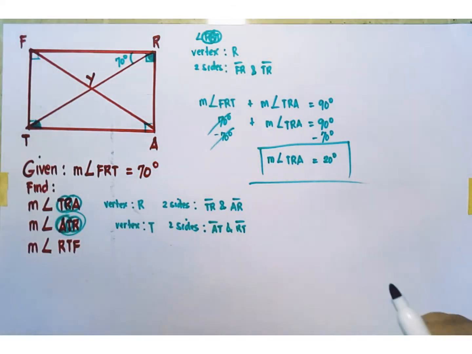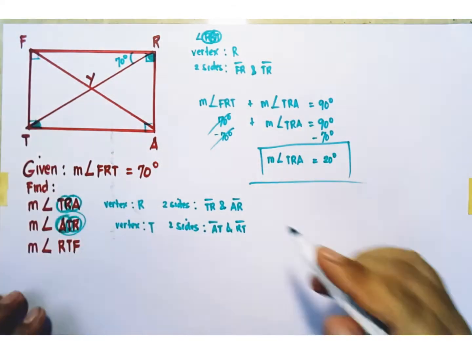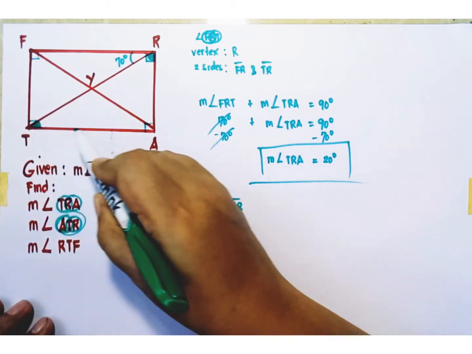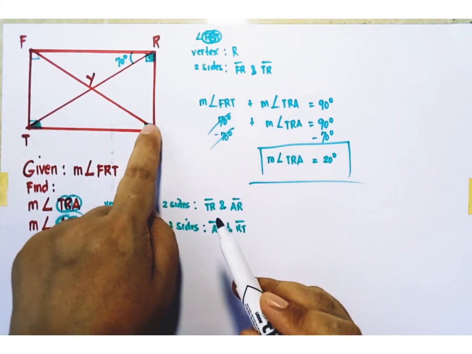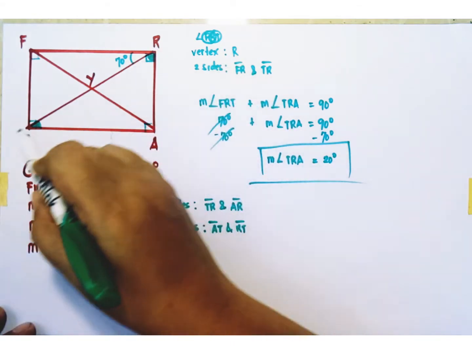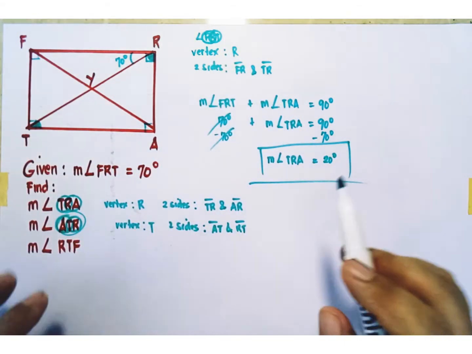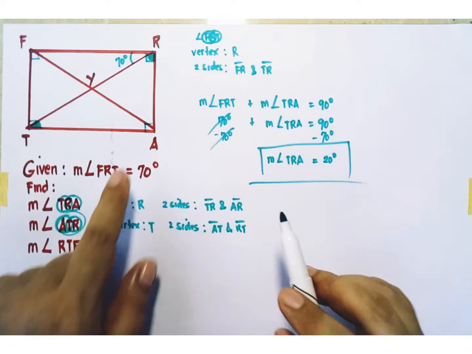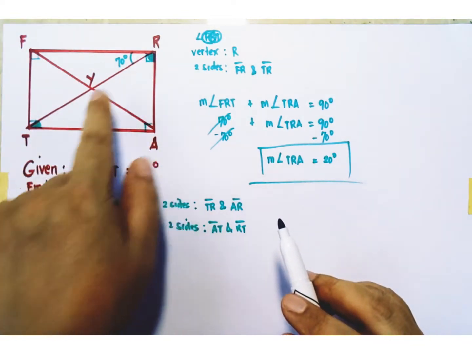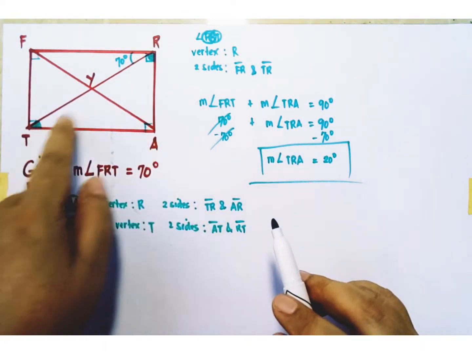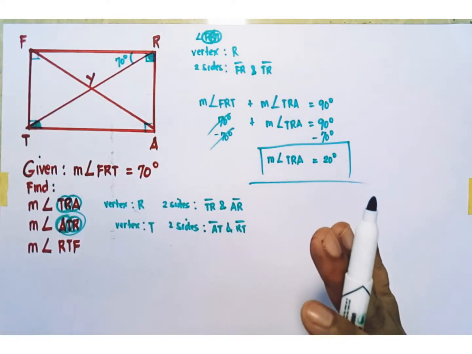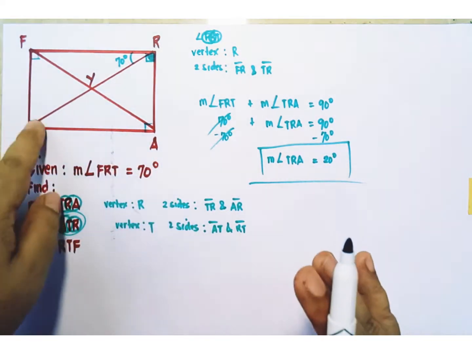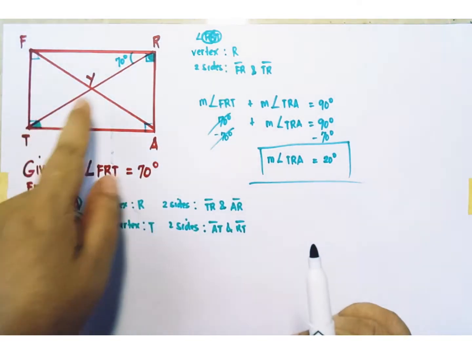Okay, this is very easy. Notice that this triangle is a right-angled triangle. This is the right angle. Okay, so it is a right-angled triangle. And remember that in any right-angled triangle, the two acute angles are complementary. When we say that two acute angles are complementary, we mean that their sum is equal to 90 degrees.